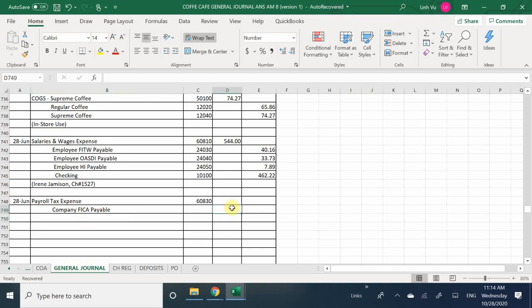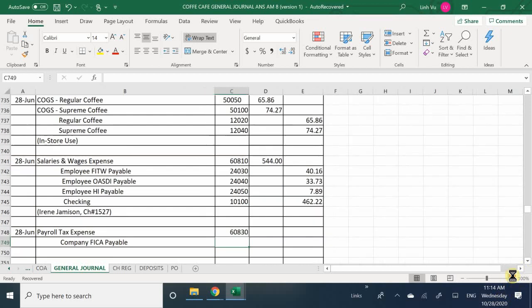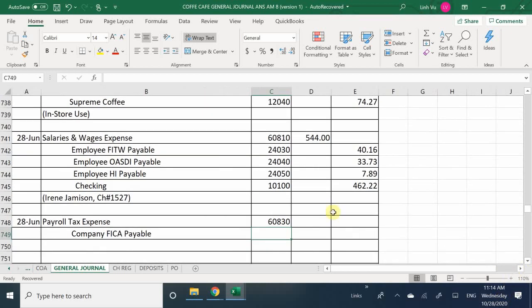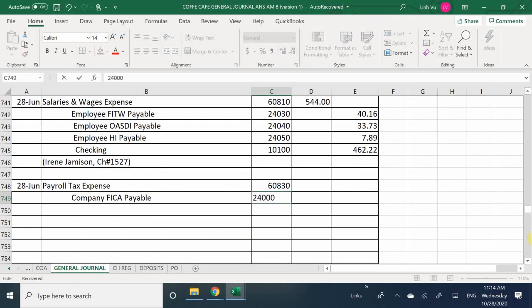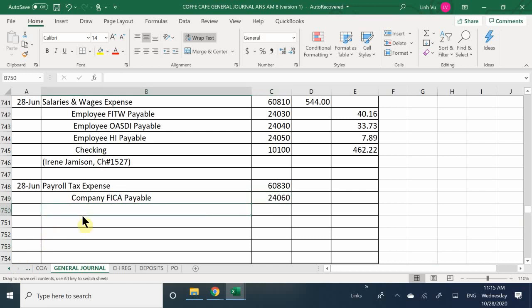So that means this is going to be a calculation. We need to add those two numbers together. All right. And what account number is that going to be? 24060. Okay.